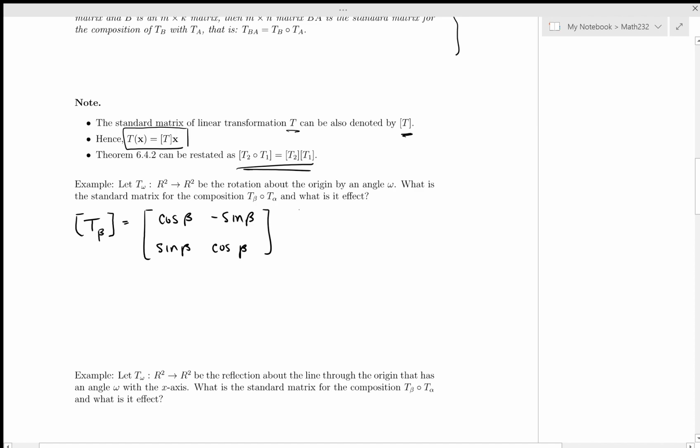The matrix that encodes the rotation by alpha is cosine alpha, minus sine alpha, sine alpha, cos alpha.